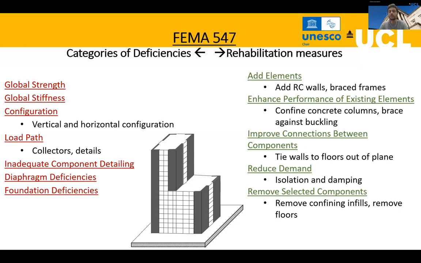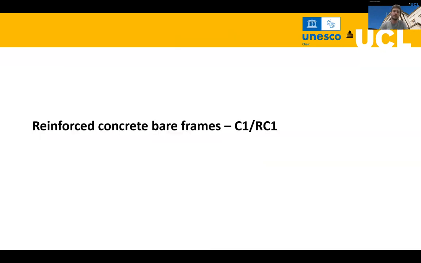And finally, removing selected components. So for example, if you have an infill that is generating a short column shear failure, then if you remove that infill, or if you isolate that infill at least, then you will have a better behavior. Also, you can remove some floors, for example, reduce the load of the floors, and with that you can also improve the behavior.